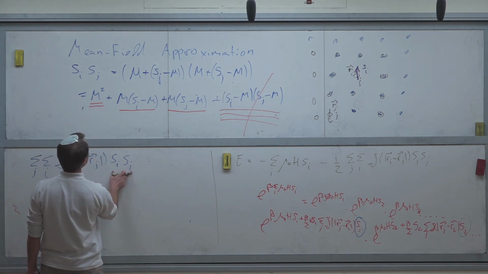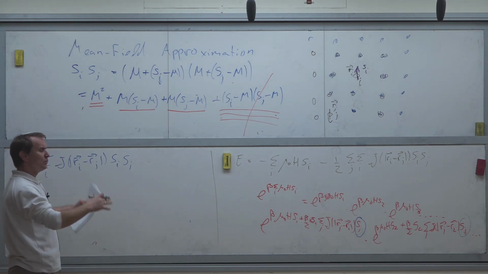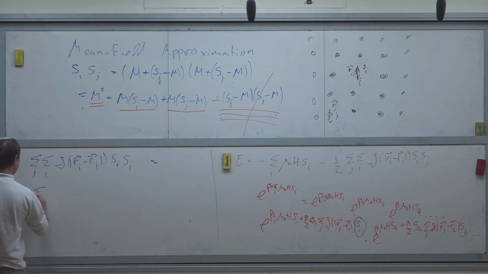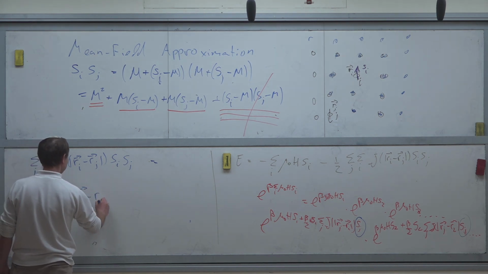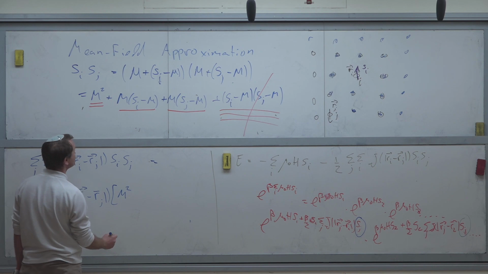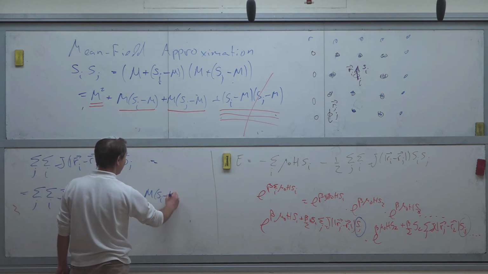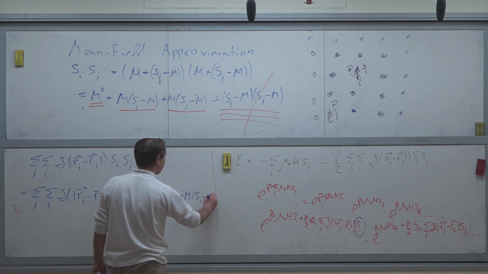Instead of Si Sj, we are using our mean field approximation. There is an external field, and we have small fluctuations around this field. So we get a sum over j, sum over i, j of Ri minus Rj, multiplied by what we have inside: m squared plus m (Si minus m) plus m (Sj minus m).